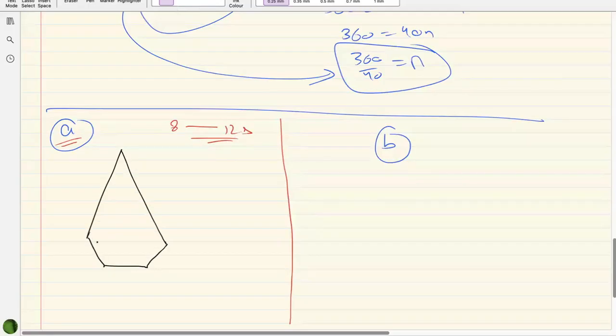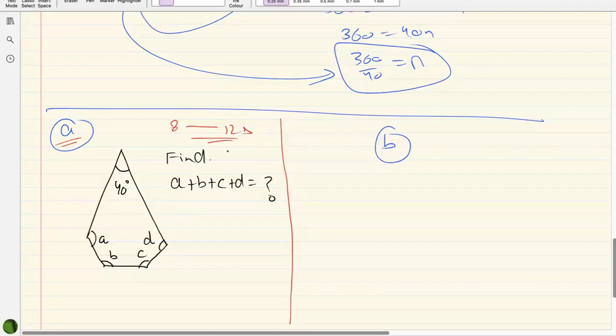Name is not given. And we are given with A, B, C, D, and this last angle is 40 degrees. And the question is find A plus B plus C plus D.